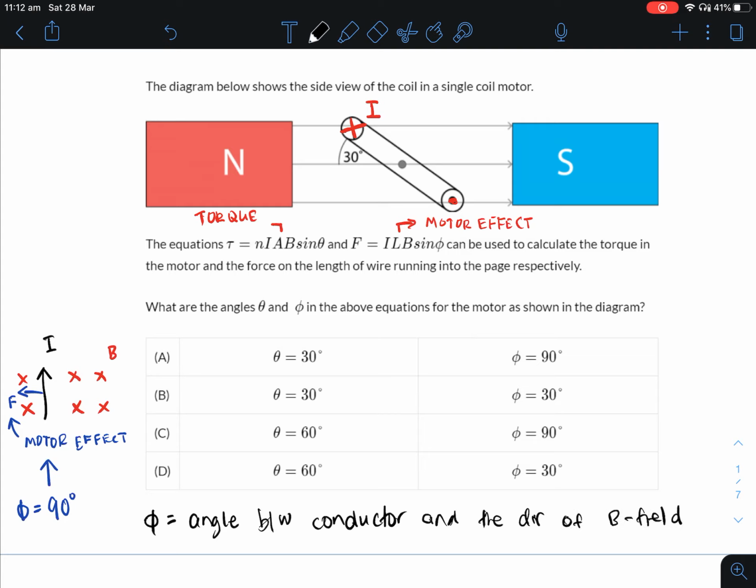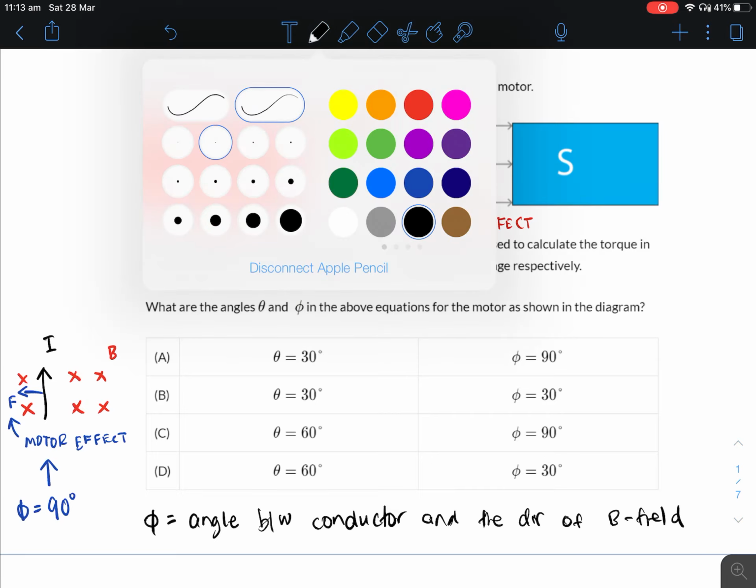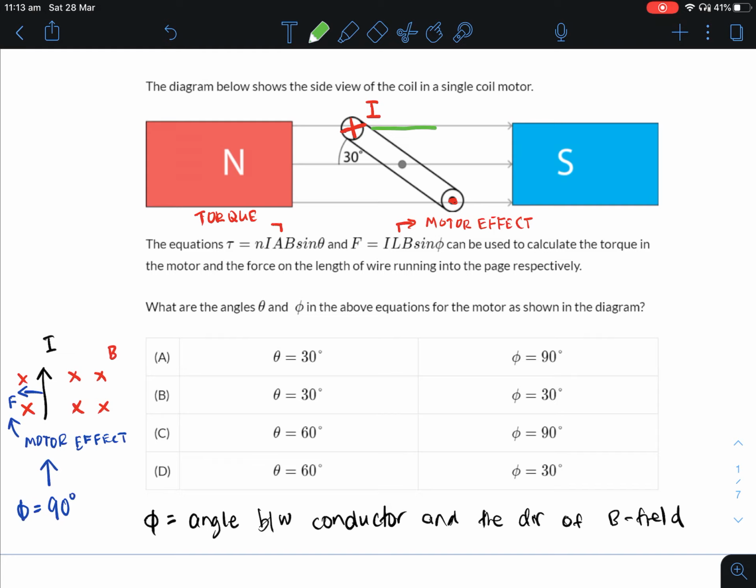And so if we notice over here in the question now, the current is actually going into the page here. Let's forget about this side and let's just focus on the part of the current going into the page. The current is going into the page, or in other words, the conductor is going into the page. And the magnetic field is, let me show you, pointing in this direction, isn't it? That's the magnetic field. And so my question is, what's the angle between the magnetic field and the conductor?